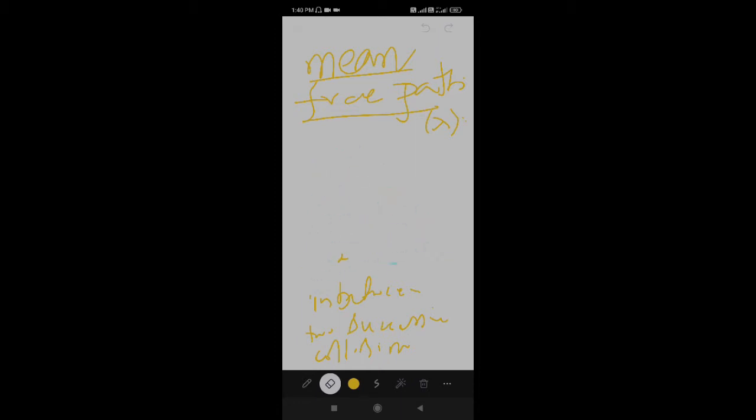We have already derived the expression for the mean free path. Lambda is equal to 1 by pi d square n.